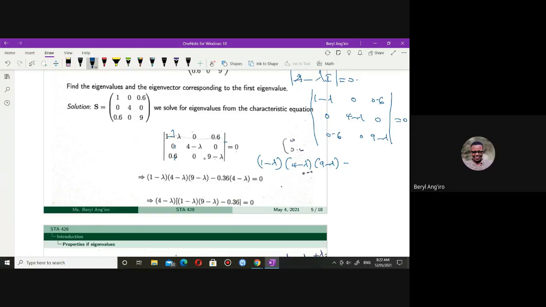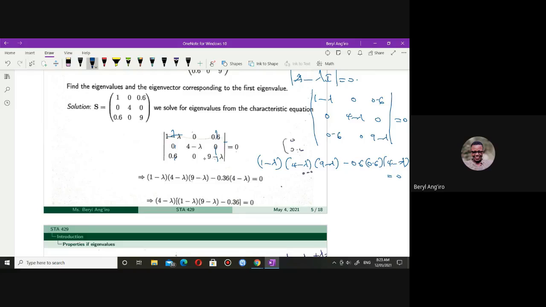Then for 0.6, we multiply by this, and that's why we have a negative, minus 0.6 times 4 minus lambda. So 0.6 times 4 minus lambda, we equate this to 0.